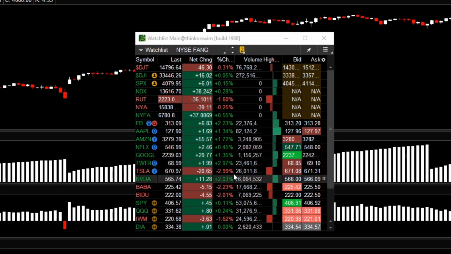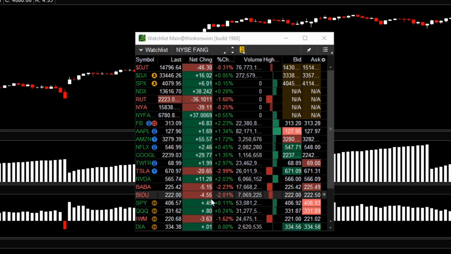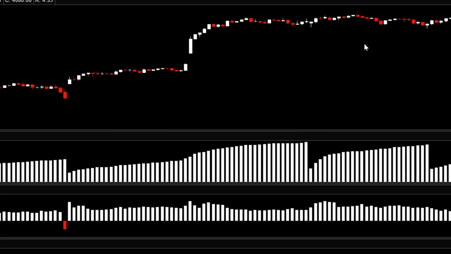Tesla down almost 3%, down $20.65. Nvidia up 2%, up $11.28. Alibaba down a little bit over $5, down 2.25%. Baidu down $4.50, down 2%. So you can see there's a bit of a mixed bag, but the FANG stocks are the ones that are carrying the market today. So let's go and take a look at the closing numbers.